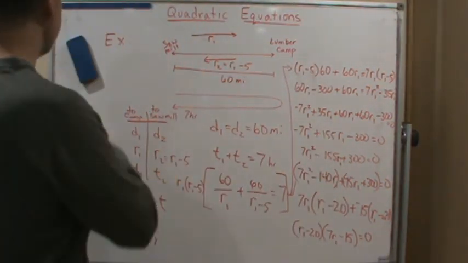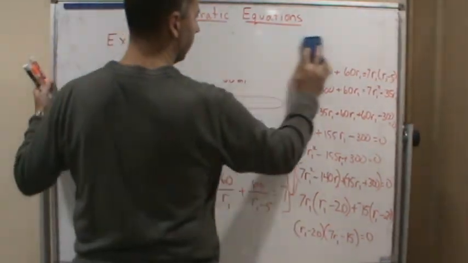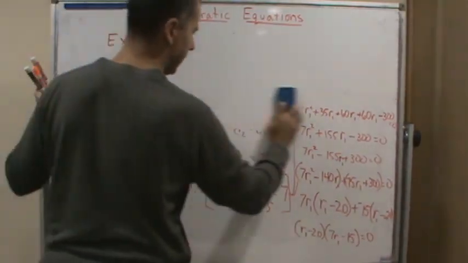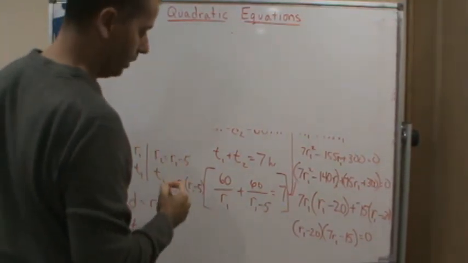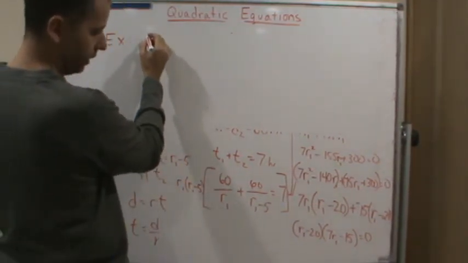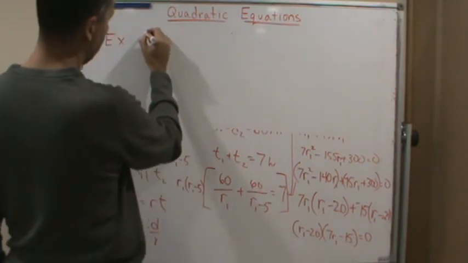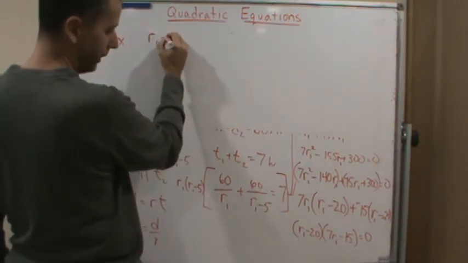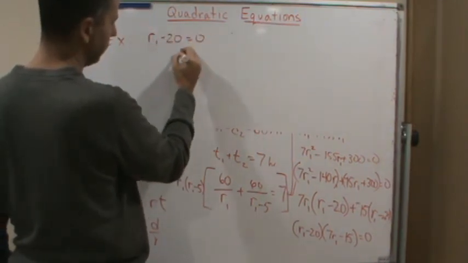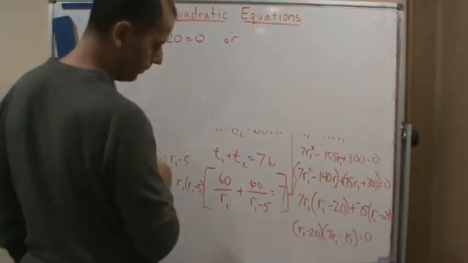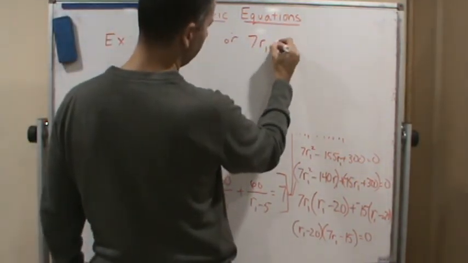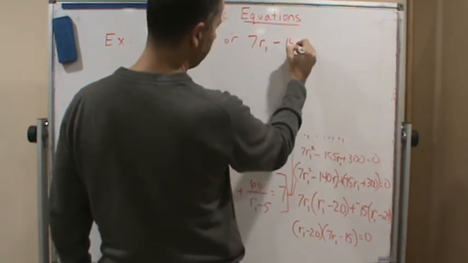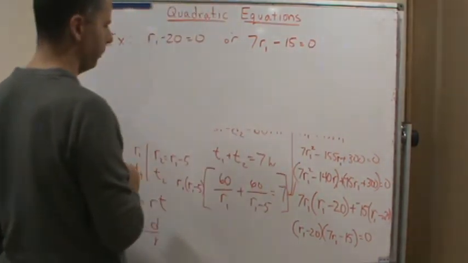Okay, and now this is where I get my answers. By the zero product principle, R1 minus 20 equals 0, or 7R1 minus 15 equals 0.